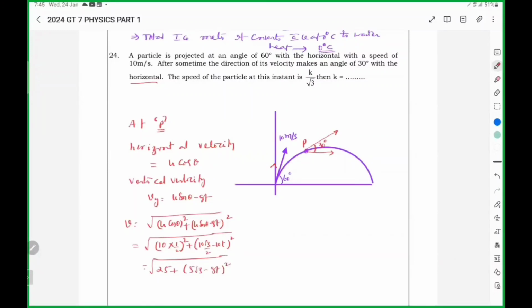To calculate this velocity, I don't know t. To find t, some information is given. Here, tan 30 will be vertical velocity by horizontal velocity.